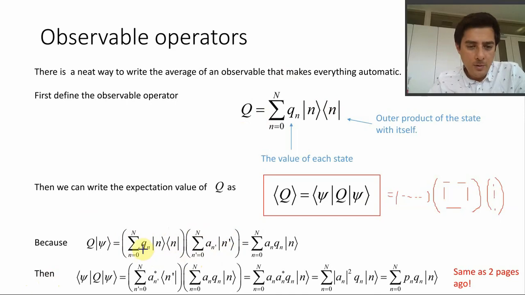And notice that when I write these things, I should be careful to not use the same index twice, because this sum is talking about all the terms inside the bracket here.